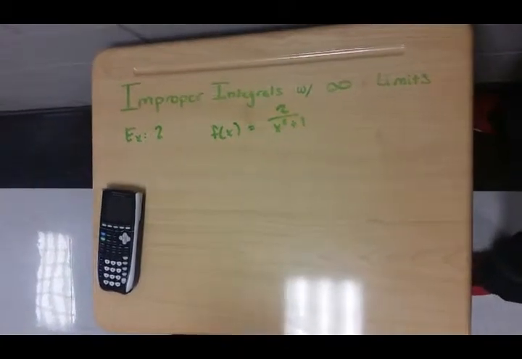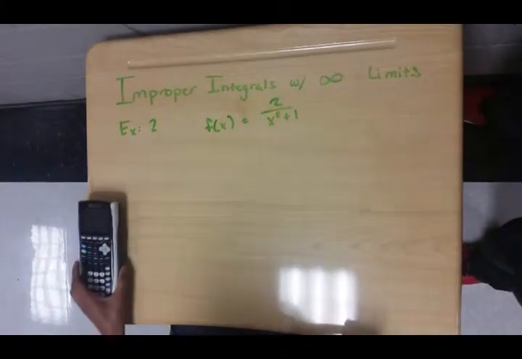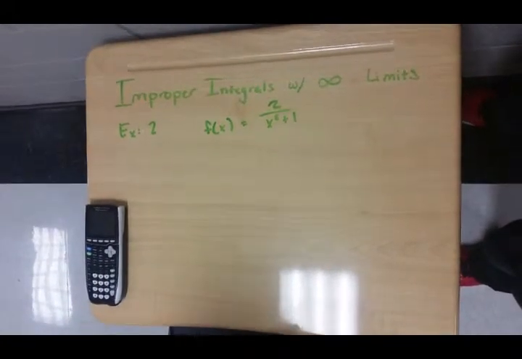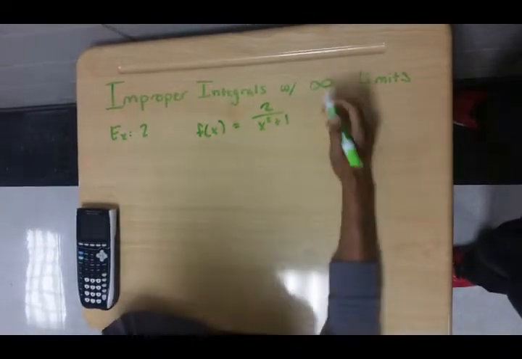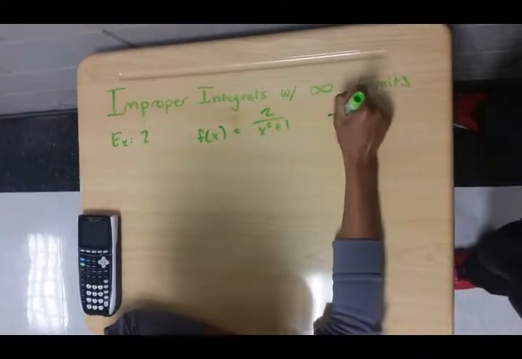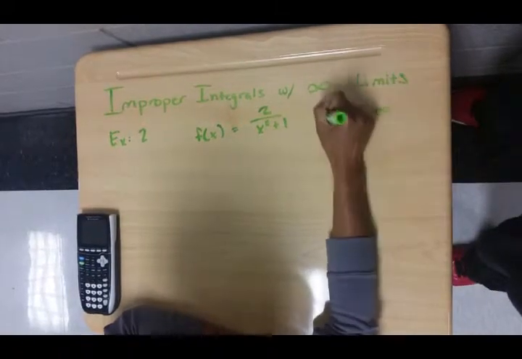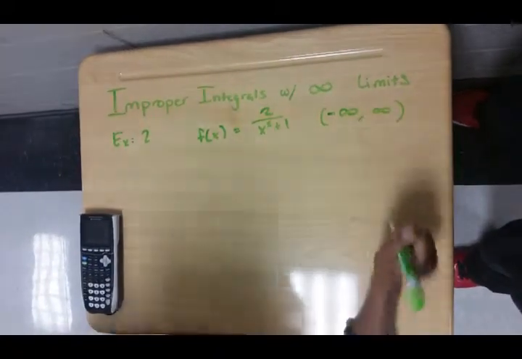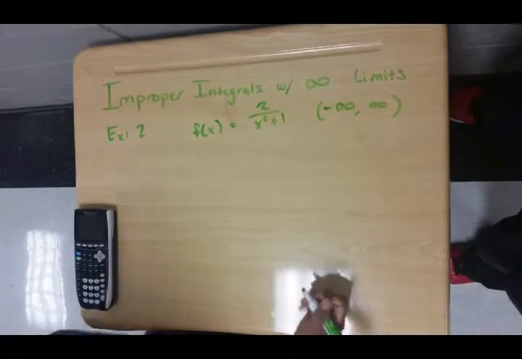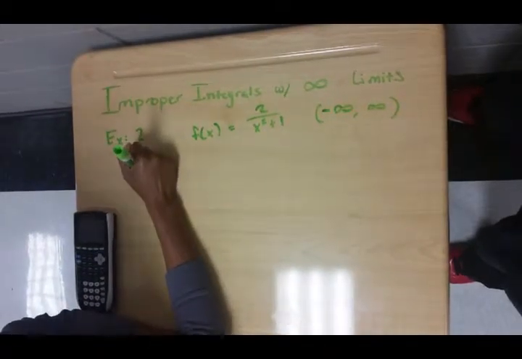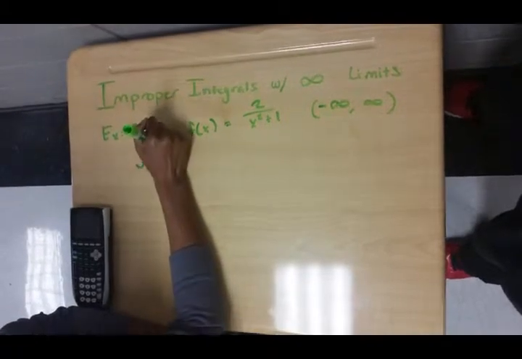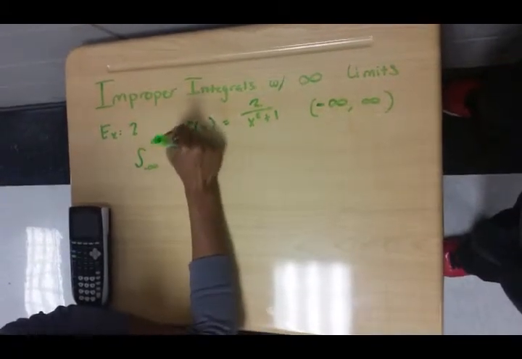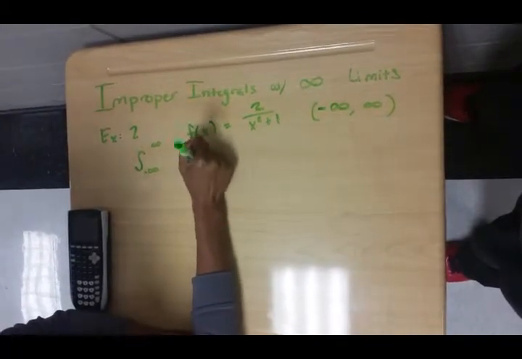Okay, so for the last example, we're going to do the function f of x equals 2 over x squared plus 1, and we're going to make the bounds negative infinity to infinity. So we're going to go ahead and write that integral: the integral from negative infinity to infinity of 2 over x squared plus 1.